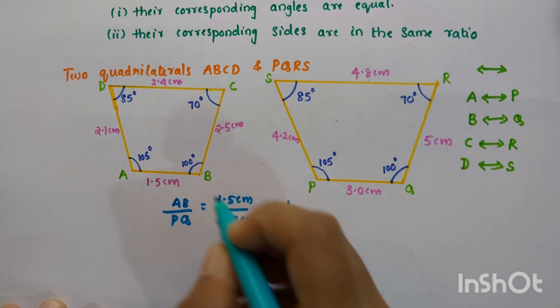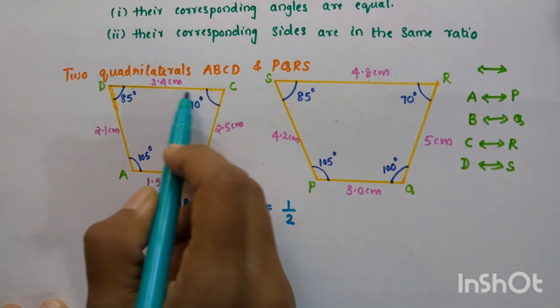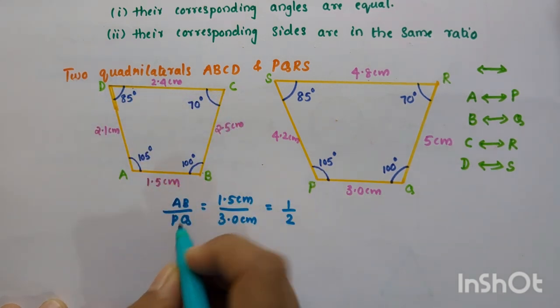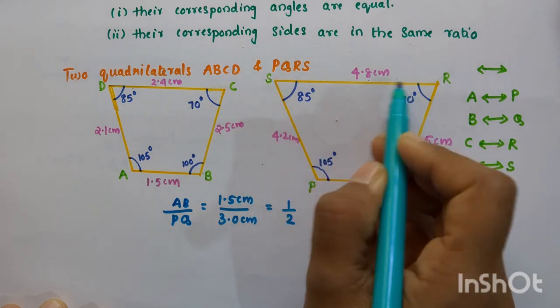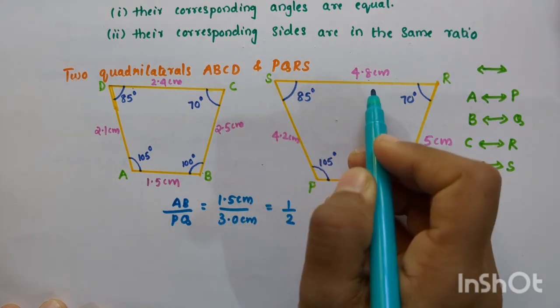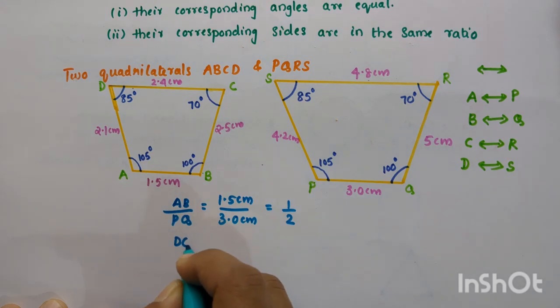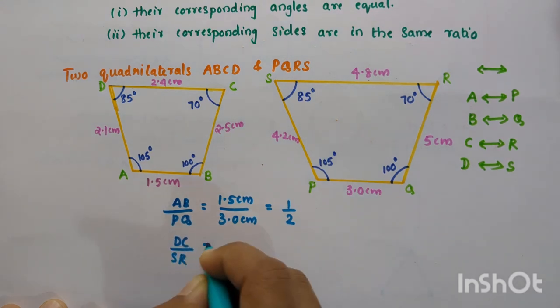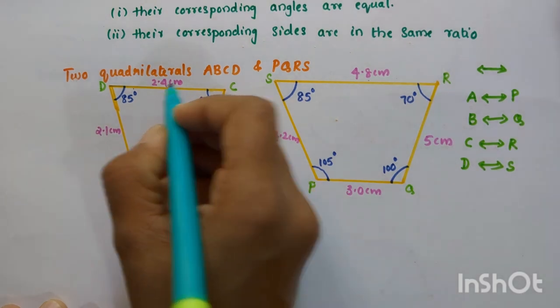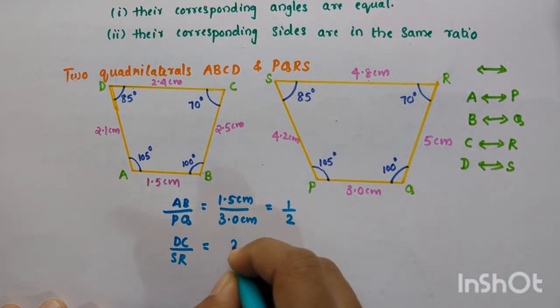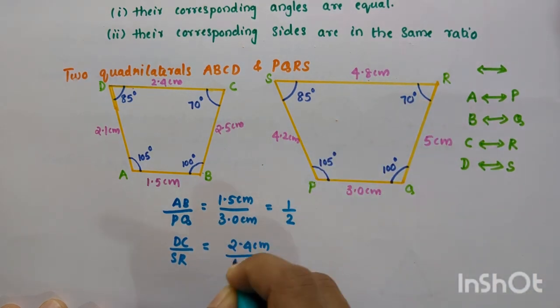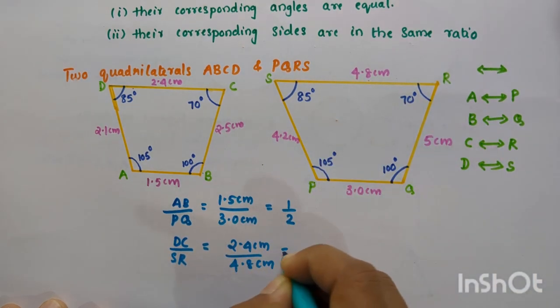Similarly, corresponding to this side DC, here we have this side RS or SR. So the ratio of these two sides, that is DC divided by SR, is equal to 2.4 centimeters divided by 4.8 centimeters. When you do this calculation, you will get 1 by 2.